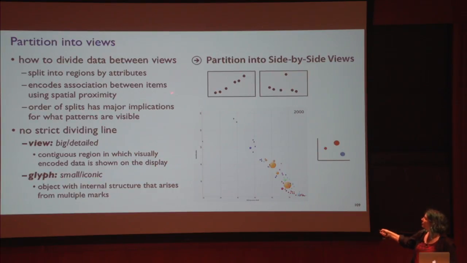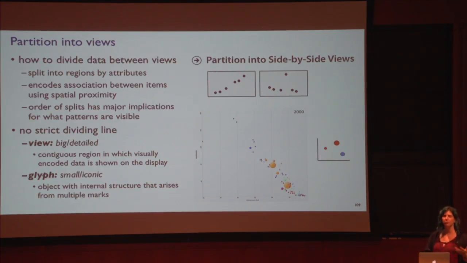And the thing I mentioned near the beginning was that spatial proximity is this really strong cue. And so what we're getting is the idea that the way you split things into views has this very strong implication on what patterns people see, because basically spatial proximity overrides a lot of the other perceptual cues.